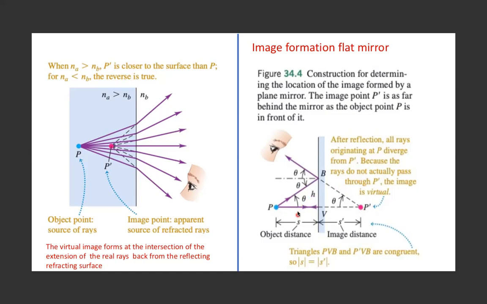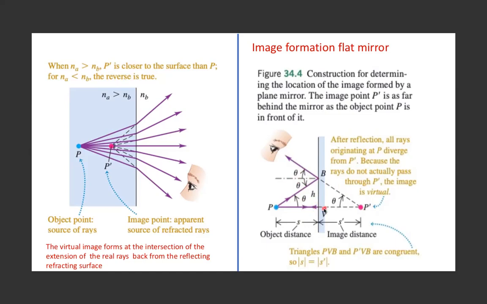So it happens that by construction, this distance is common, okay? This angle we know is theta. These two angles are theta. By construction, these are alternate angles between parallel lines, so essentially they are equal again. We know this angle is 90 degrees.